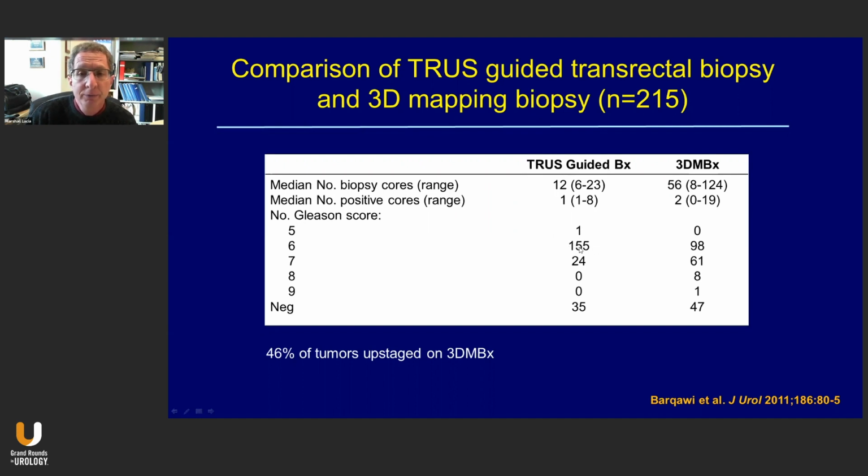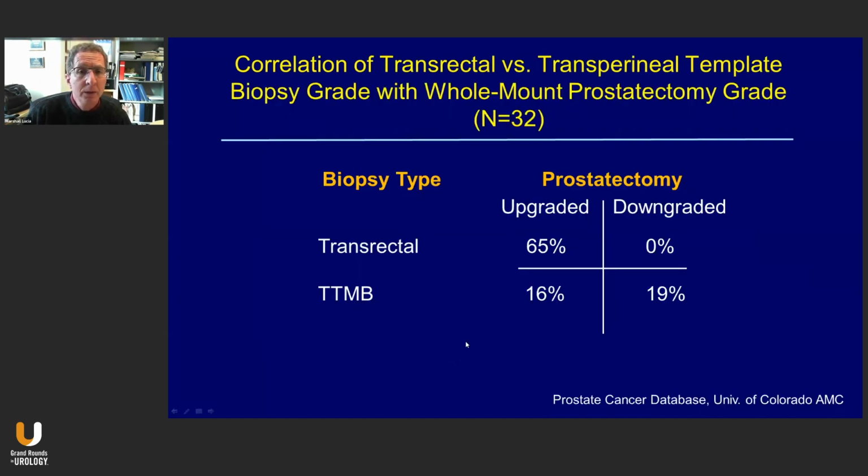You can see going from 155 to 98. And you can see that there was a grade shift towards higher grade tumors, including a Gleason 9 tumor that was completely missed by TRUS biopsy.